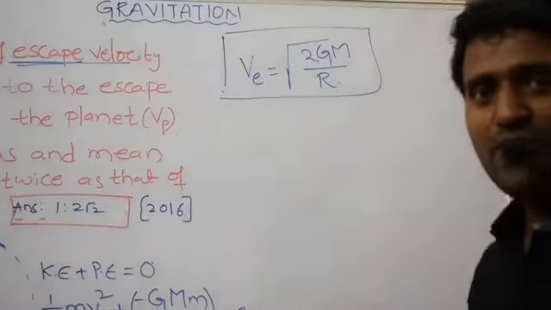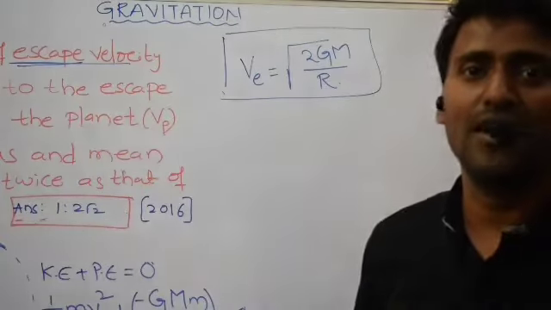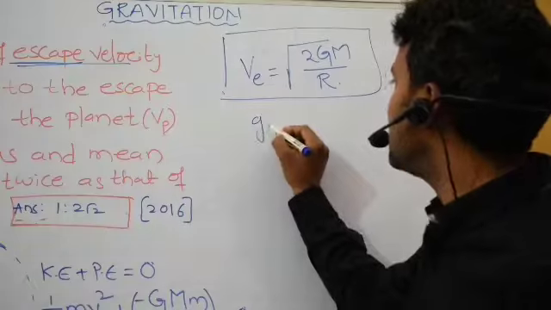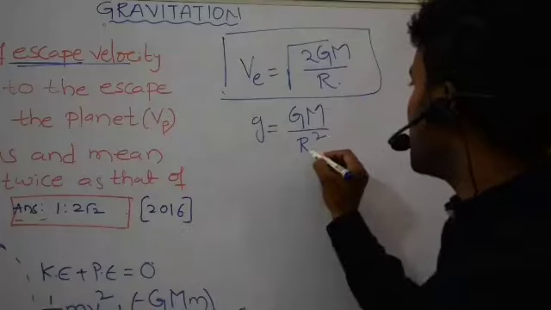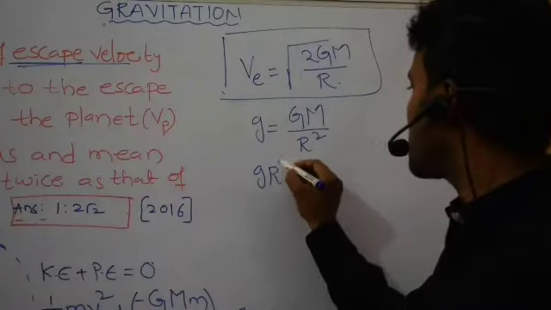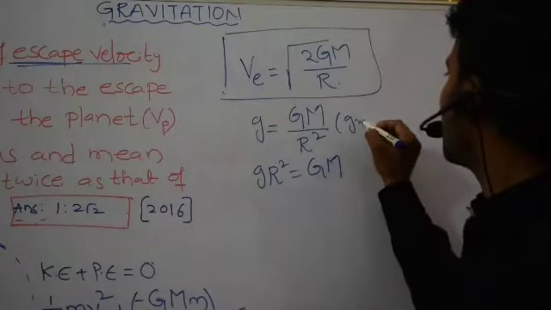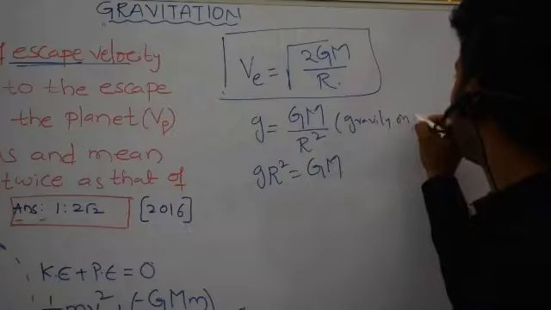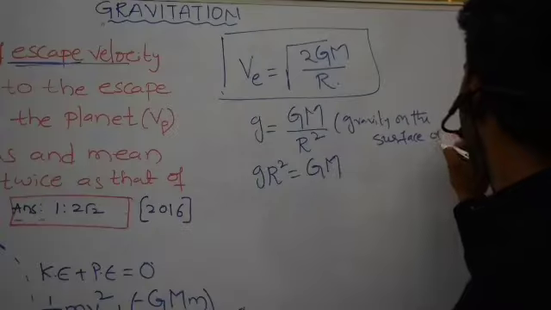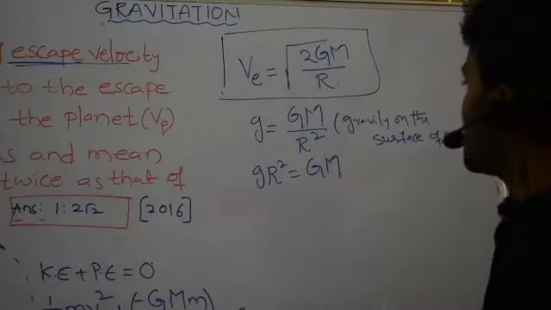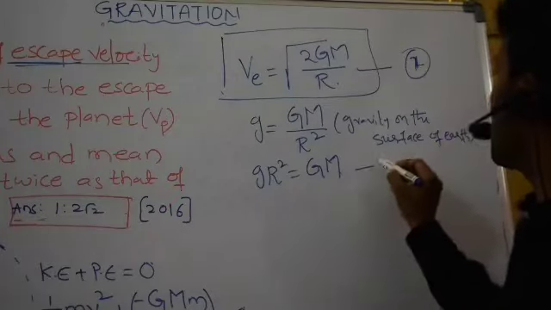Next, let us simplify this equation. We already derived the gravity on the surface of the Earth: g is equal to capital G M divided by r square. Taking r square to the other side, g r square is equal to capital G M. This is equation number 2.